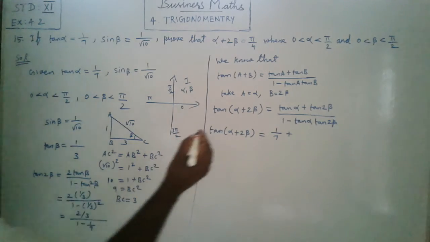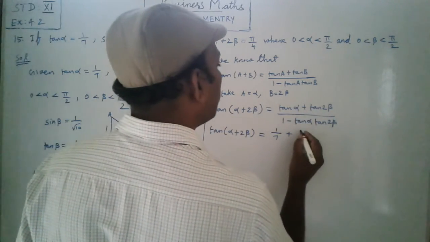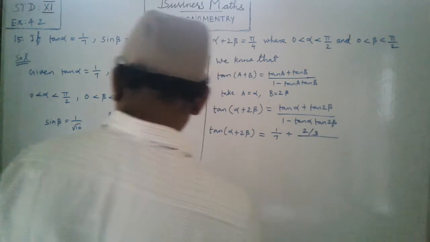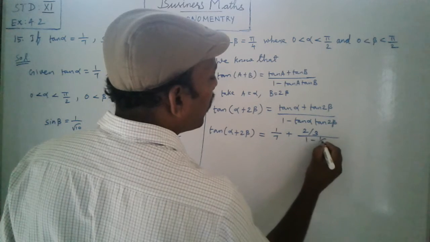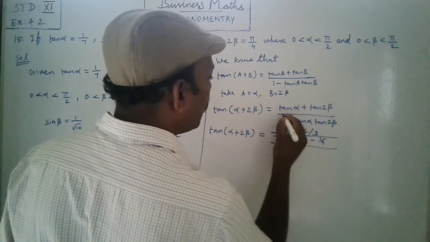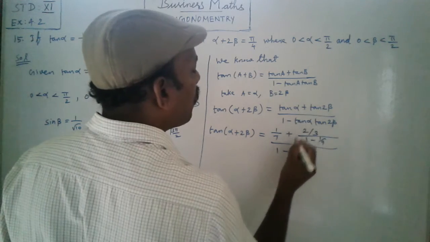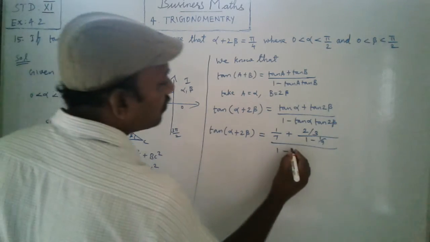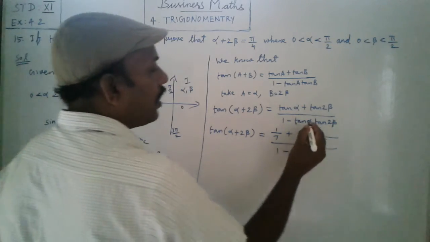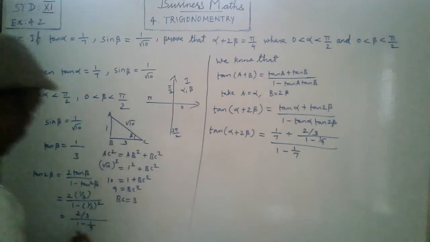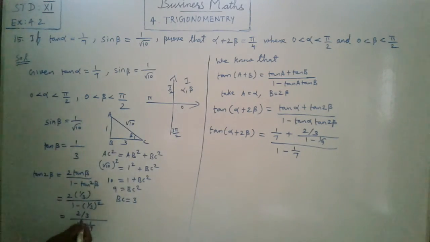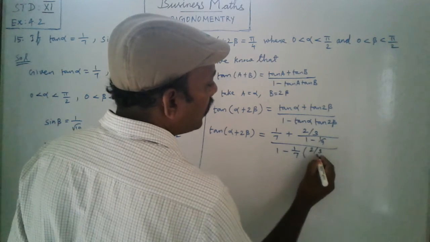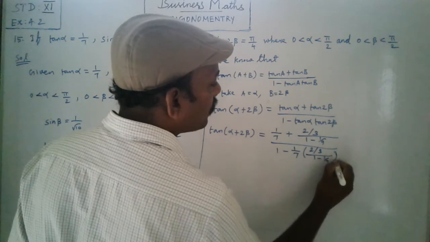We should substitute tan 2 beta, which is 2 by 3 divided by 1 minus 1 by 9, into the formula, divided by 1 minus tan alpha, which is 1 by 7, into tan 2 beta, which is 2 by 3 divided by 1 minus 1 by 9.